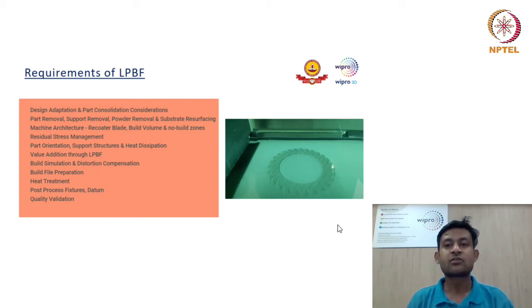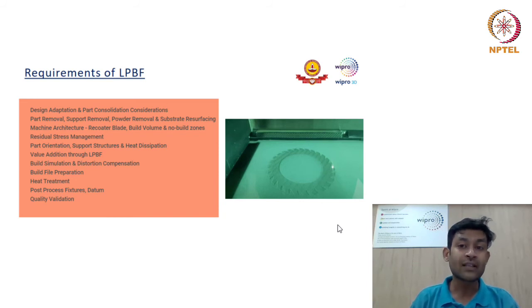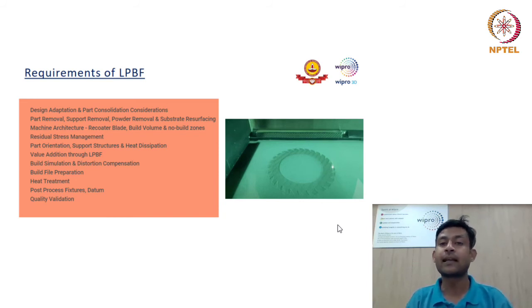If the heat is not dissipated through proper channels, which in this case we are calling support structures, then there can be quality issues, and if the quality issues exceed a certain limit, then they can result in build failures. Hence, what is going to help me here is adapting my design to provide the most proper and organic way of heat transfer from my melt pool.